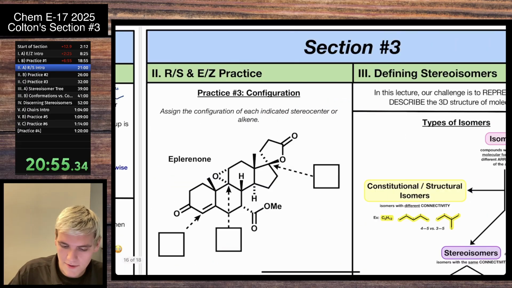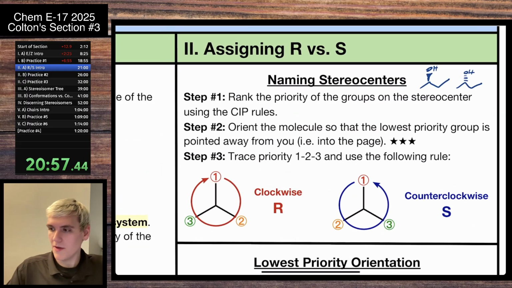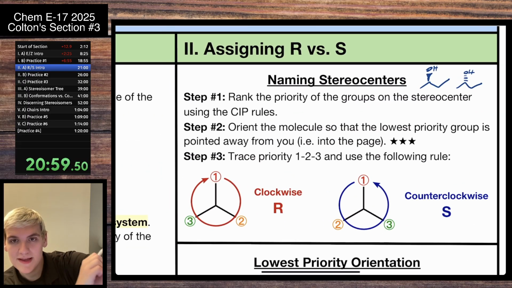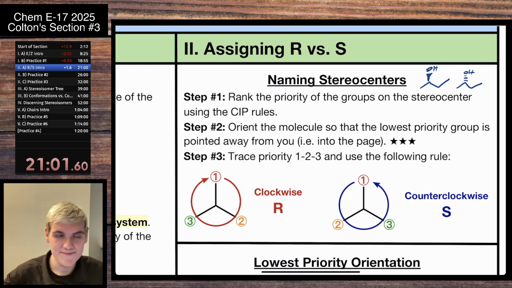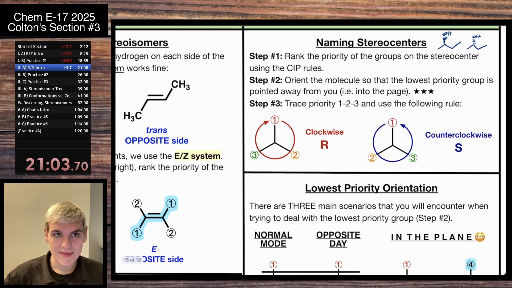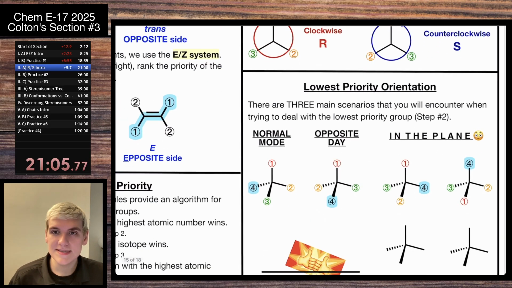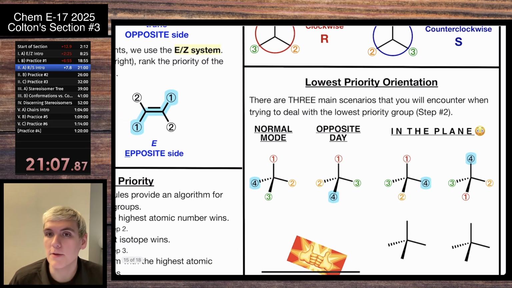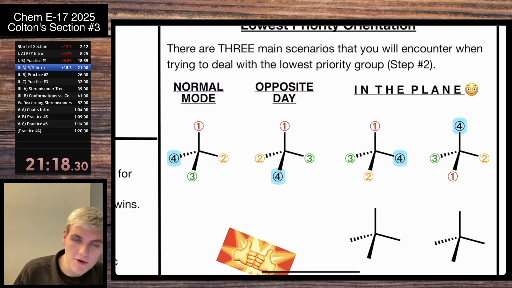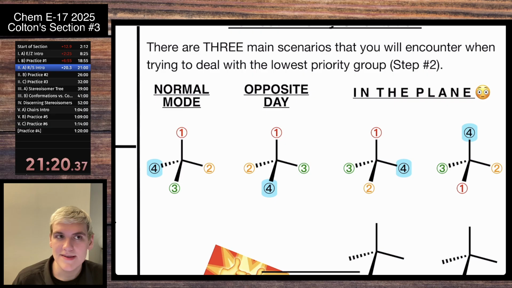Okay, so again, we rank things, we orient the molecule so that the lowest priority group goes away from us, and then we trace 1 to 2 to 3. So with that, there are essentially 3 big scenarios, for the most part, that we are going to confront you with. Because the ranking itself, you're going to get a lot of practice with that with both E and Z and R and S. But let's imagine we've already ranked it, and let's talk about the different scenarios that we might run into.